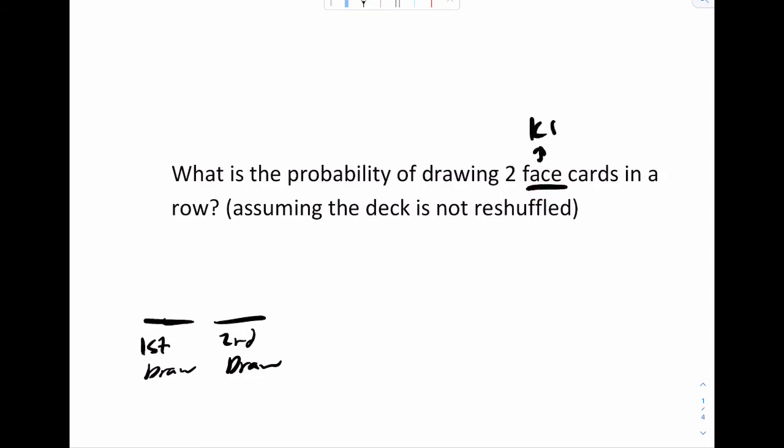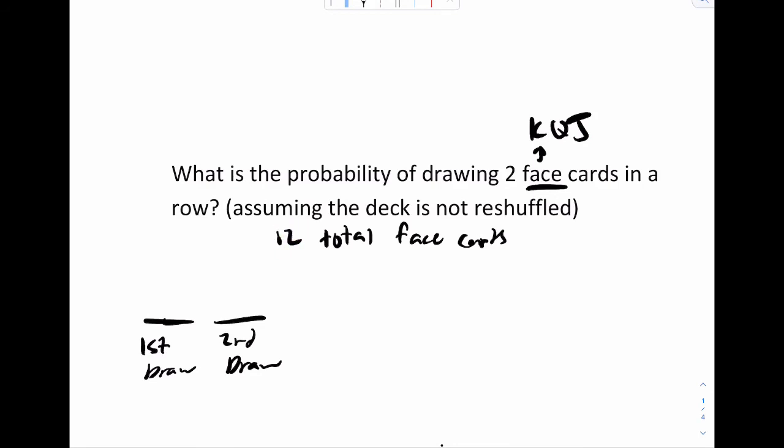So that's going to be king, queen, jack. Which means total, there are 12 face cards, because that would be this times 4. That's how you get 12.